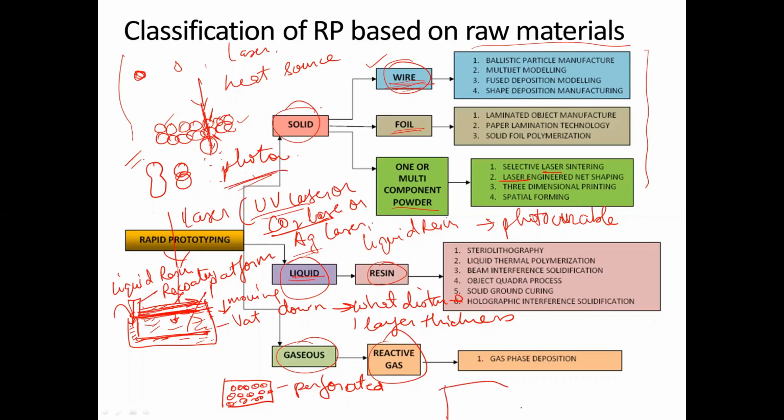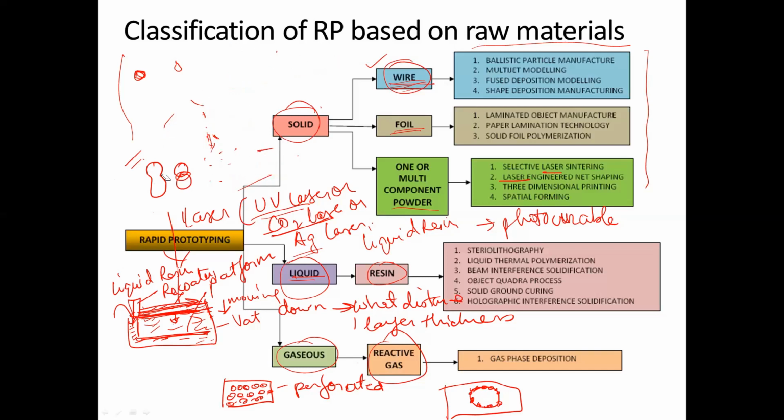So if this is the bed and this is the contour geometry that you want to make, then you want the photons to strike over here. That is what the laser scanning path or part deposition path was in the process methodology, if you remember. This is defined by the software while understanding what the contour geometry of each layer is going to be. So that is how the whole system basically works with respect to liquid, solid, and resin.